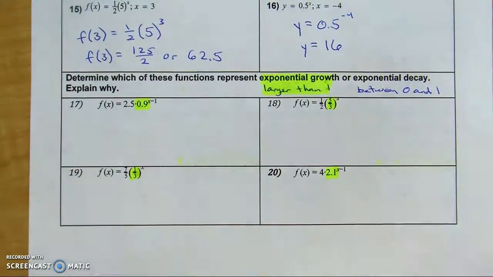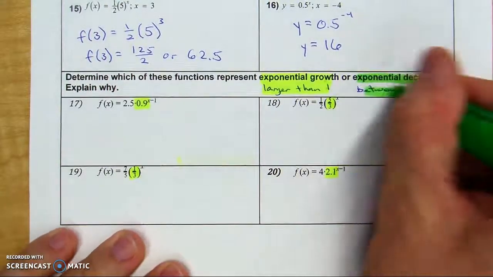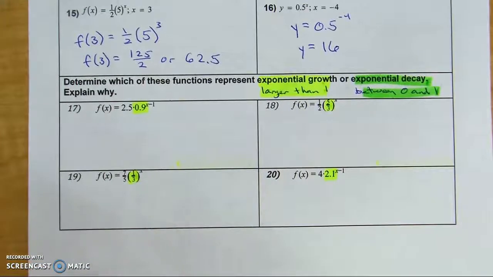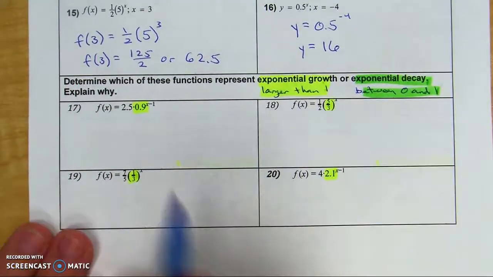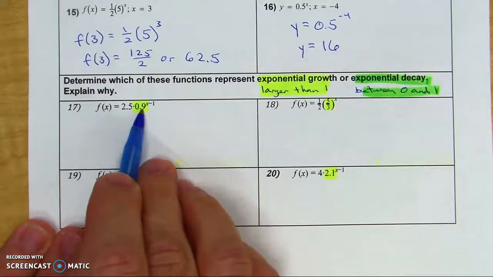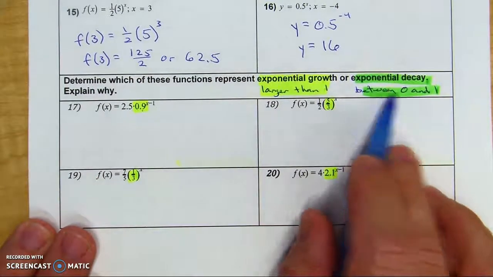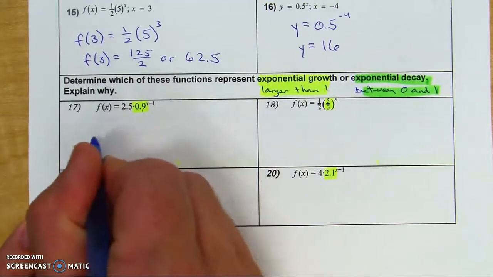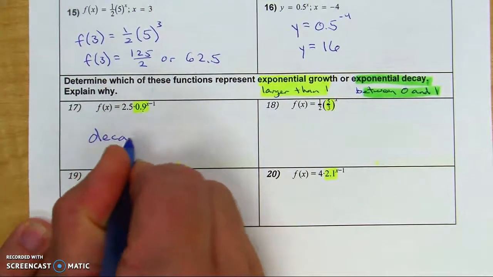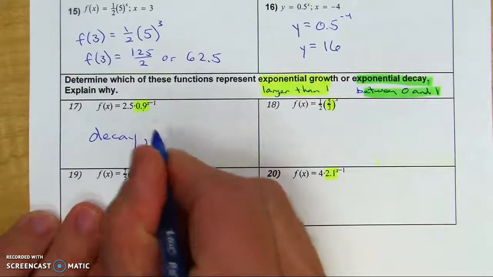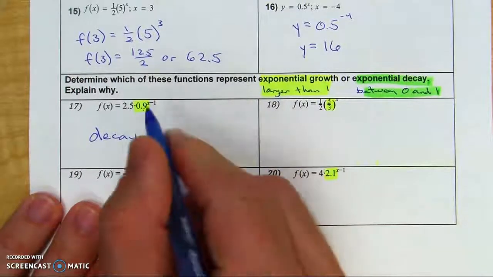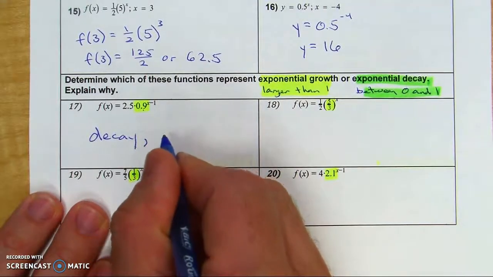So the other one would be decay if it's between 0 and 1. Okay, that's really all we have to do. So this one, 0.9, well, that's going to be between 0 and 1, so that one would be decay. And you could just write the word decay. For the y, you could just say that this number is between those.